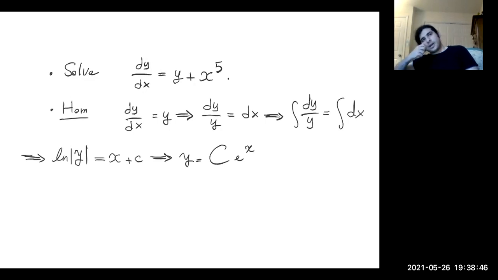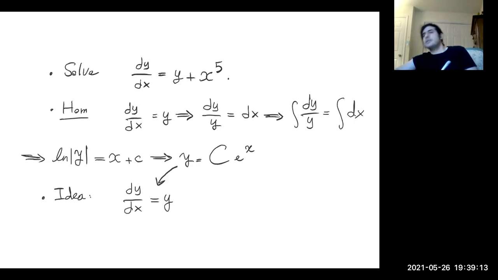Now we want to find a solution for the non-homogeneous part. So the idea is that if we plug this y into the equation, dy/dx would be equal to y, right?